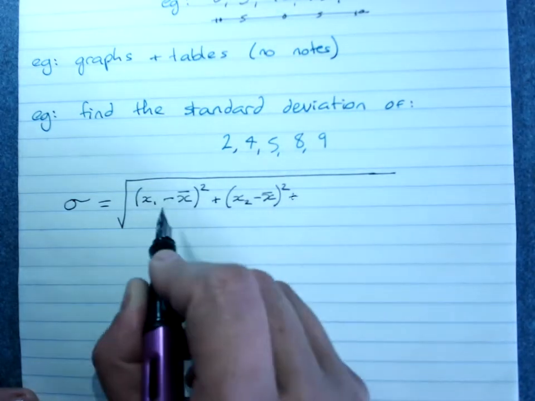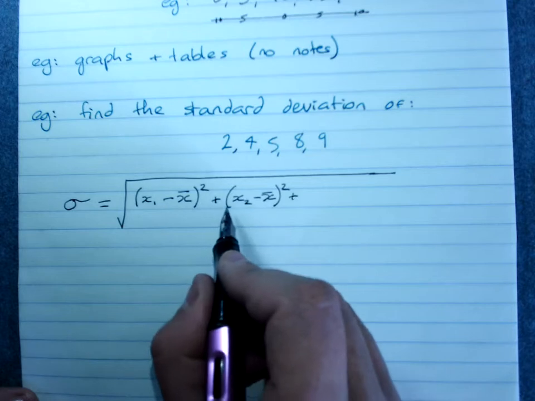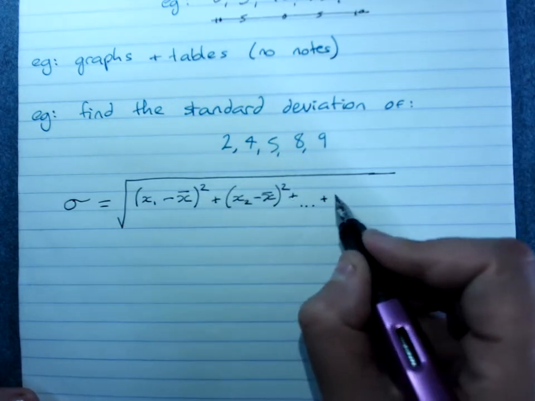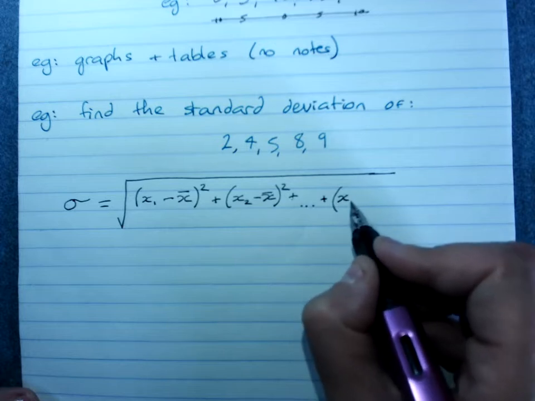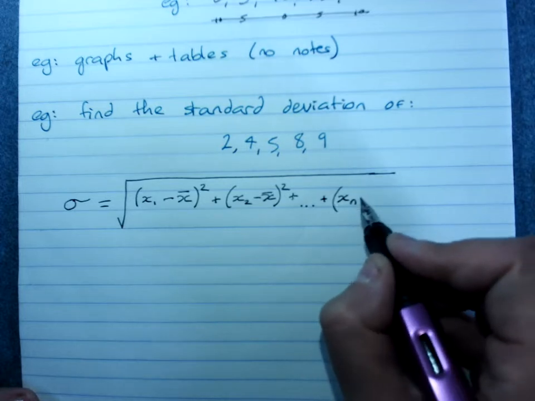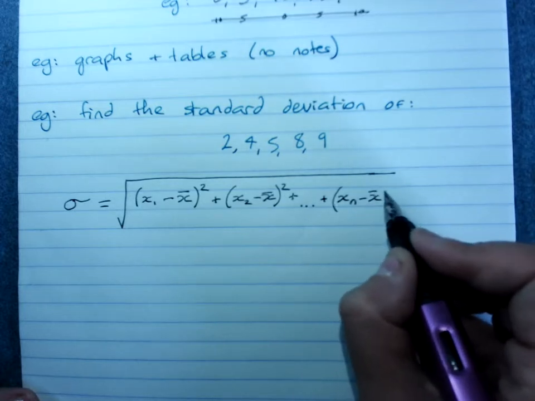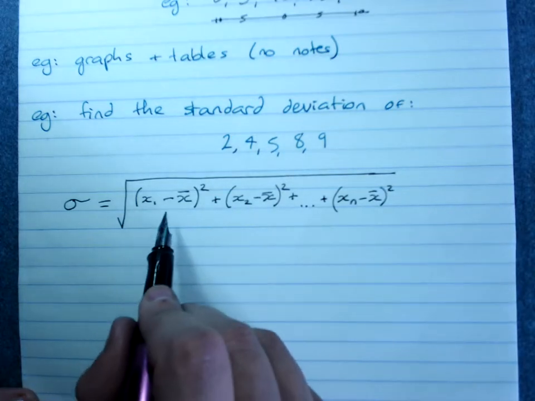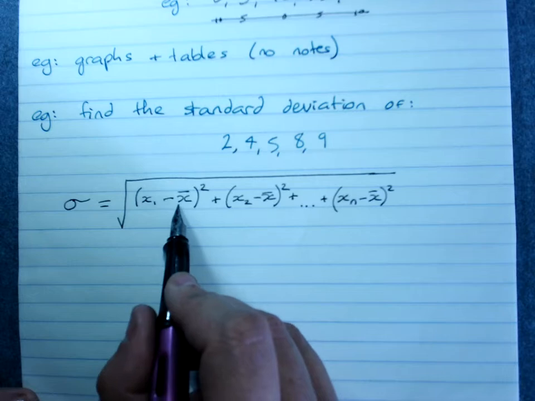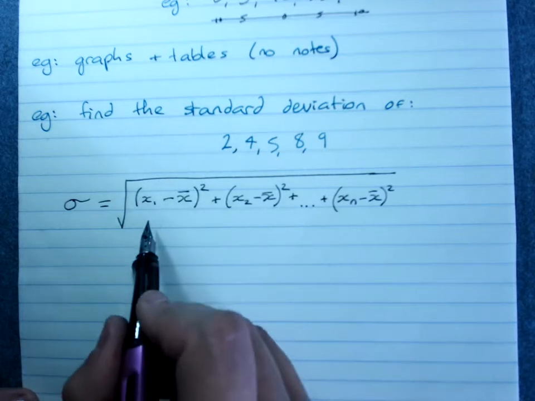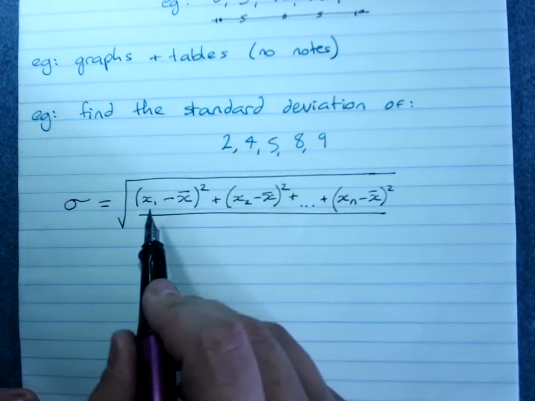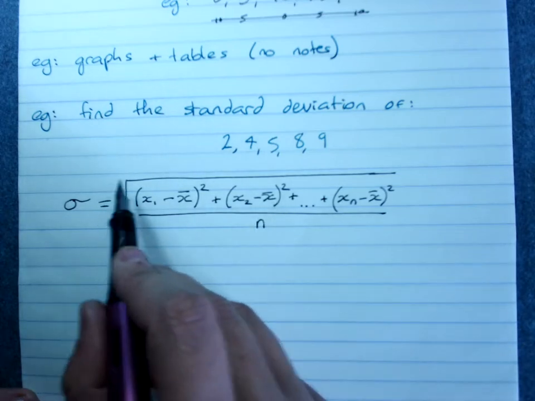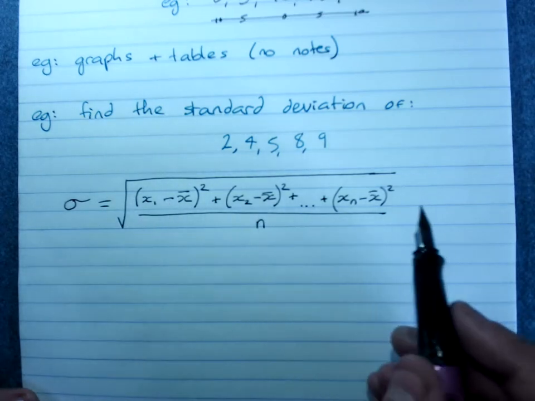Plus, now I don't want to write a formula that says first score, second score, third score, fourth score. So we just put 3 dots and then plus, and the last x would be the nth score. And that says every score, subtract the mean, and square it, and add them up. And once we've added those up, we want the average, so we're dividing by n, and we square root at the end to reverse the fact that we squared it.